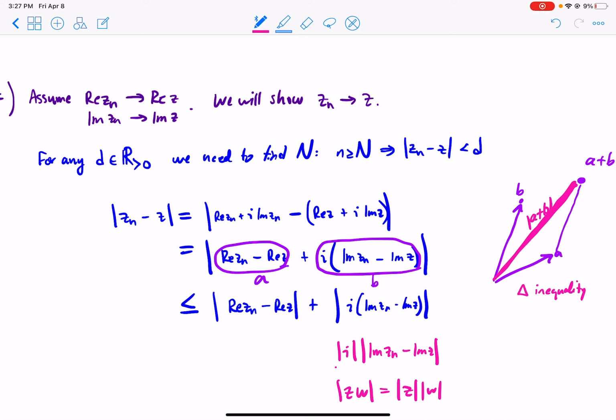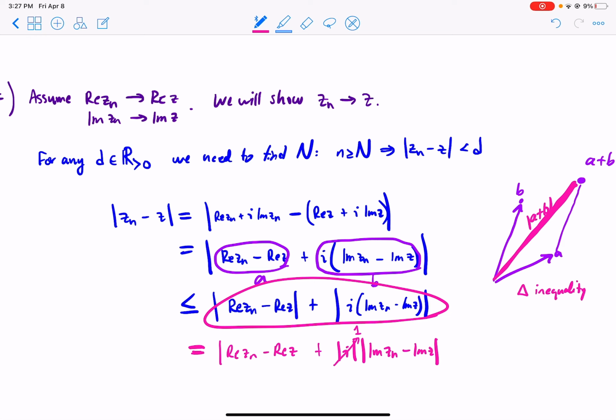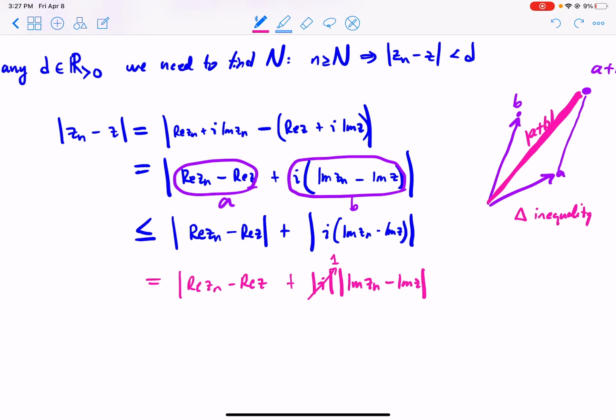And so the size of I is just 1. So this line right here is equal to this line, because all I did is notice that the I doesn't change the size. It just rotates this thing. It doesn't change the size at all.